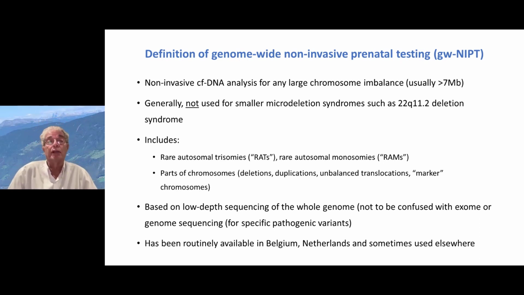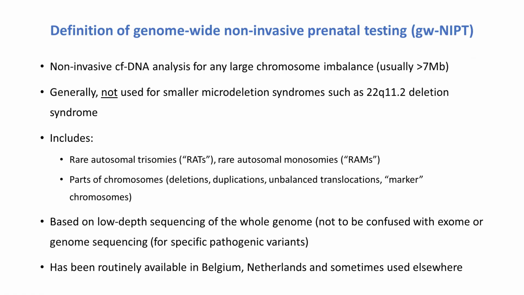So let me begin with the definition of a genome-wide non-invasive prenatal test. This is usually defined as a test that will detect any large chromosome imbalance. Usually the threshold that's set is about 7 megabases of DNA, which is the equivalent of about 1 chromosome band. So that excludes a lot of things.